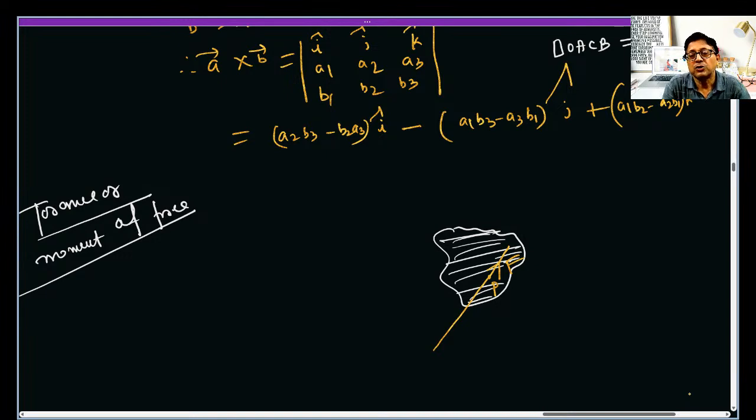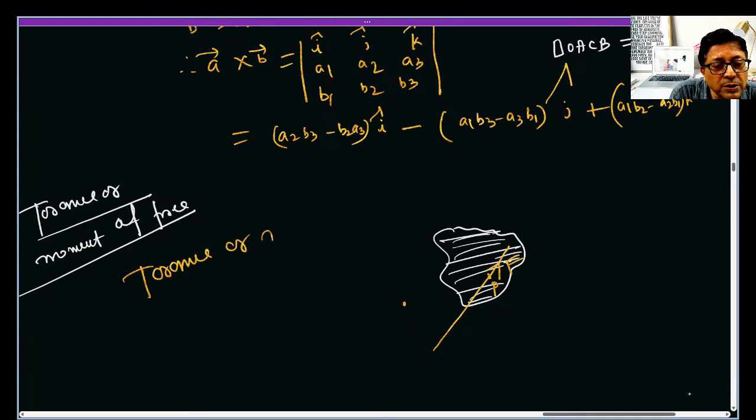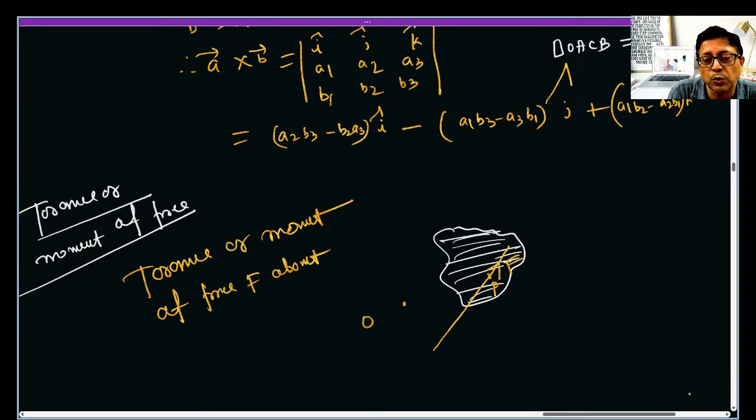Clear? So for the rotation of the rigid body, you need to know the value of torque. You just find the torque or moment of force F about the point O.